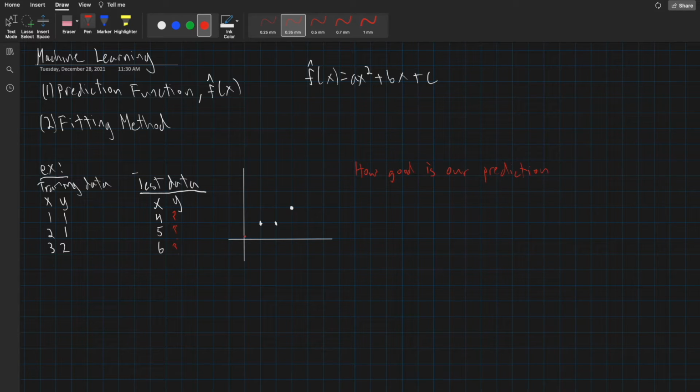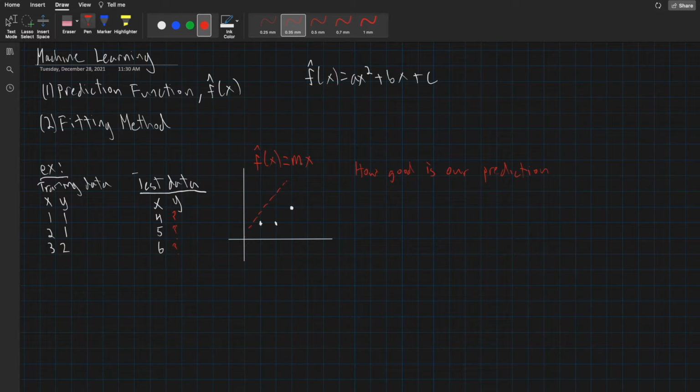So we're going to have some prediction function, and we're trying to get feedback about how good our function is. So for this example, our prediction function is just going to be a line through the origin. So f hat of x is equal to mx.